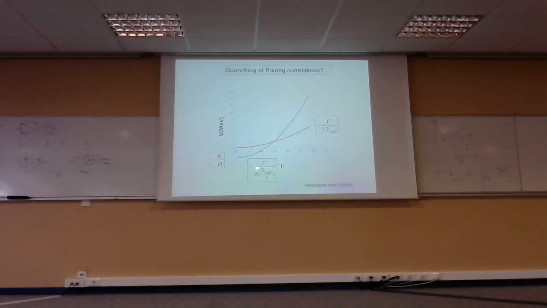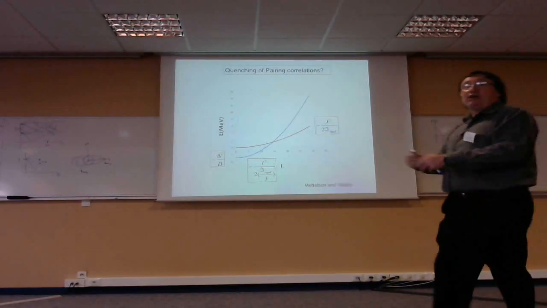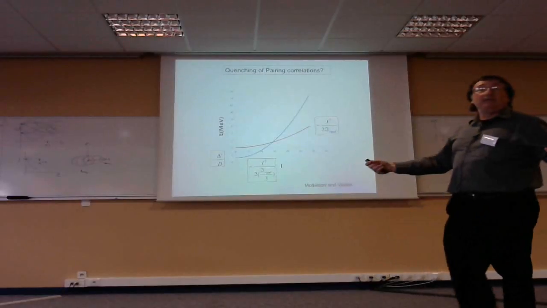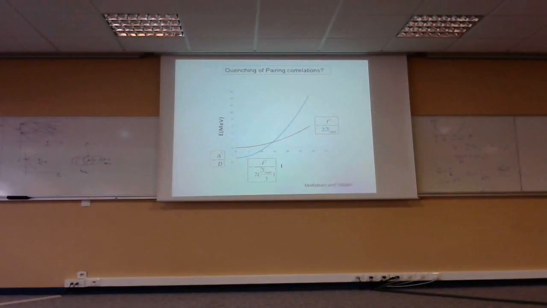And then when you do that, you see that those parabolas cross at some point. What does that mean? Well, it means that at that point, I quench BCS. All the pairs will break. I rather give up the energy in pairing and put it in the rotation, and that will be the pairing phase transition in nuclei, the Mottelson-Valatin effect.